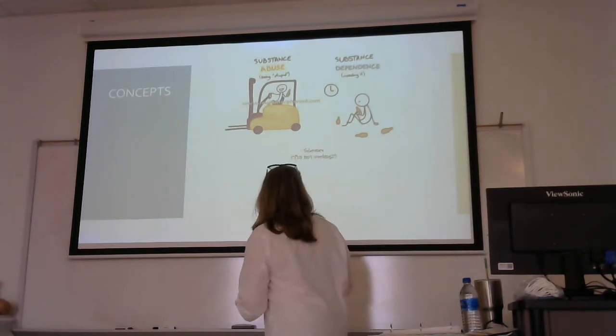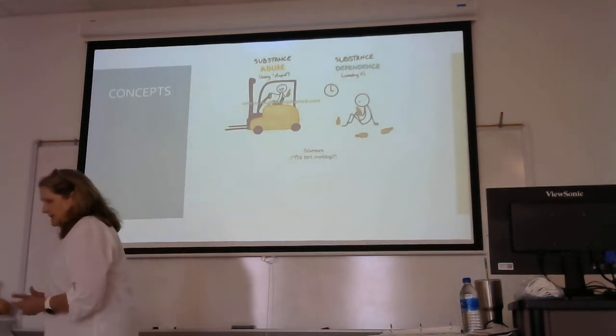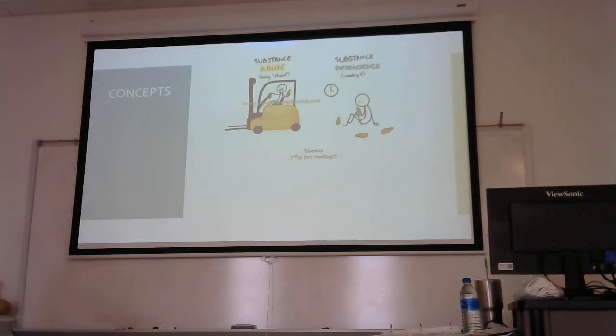Now remember, dependence means that I have used this substance enough that my body now is expecting it. So when I don't give it to him, I'm going to have some kind of withdrawal. And we'll talk about specific ones for different drugs. Tolerance is a third thing. That means that not only is my body expecting it, but I now need a little bit more to get the same response from it.